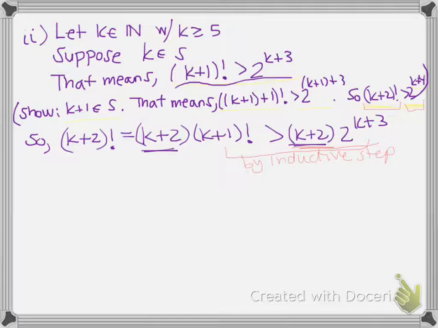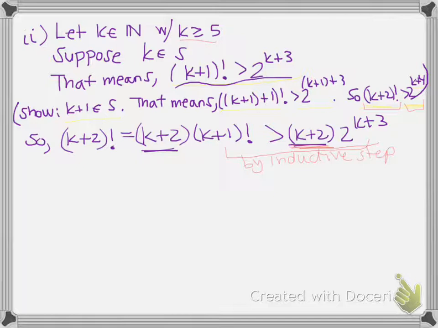This is where you have to sort of do some intuitive thinking. We know that k has to be greater than or equal to 5, right? So if that's the case, then the smallest this k plus 2 will ever be is 7.